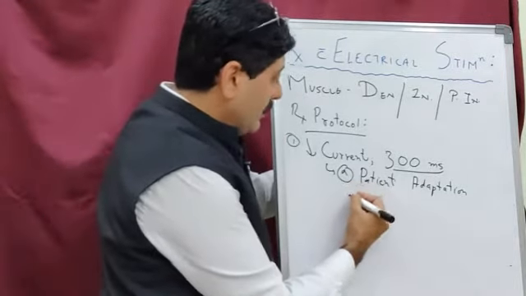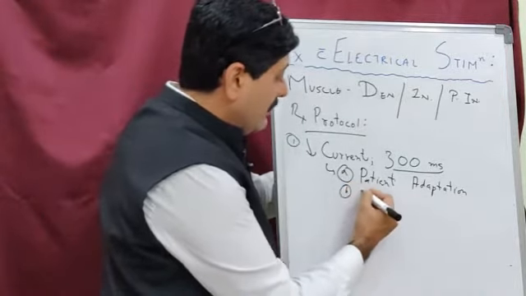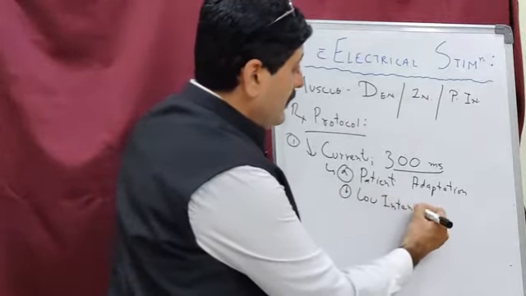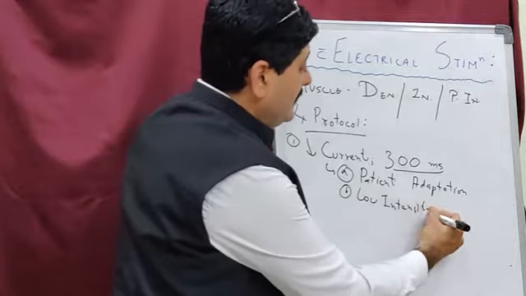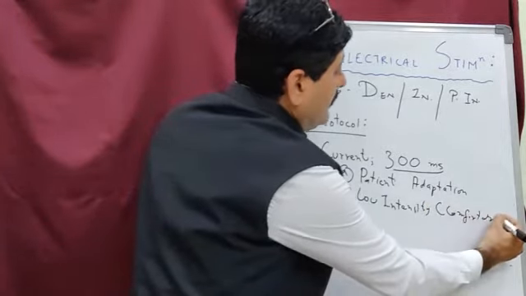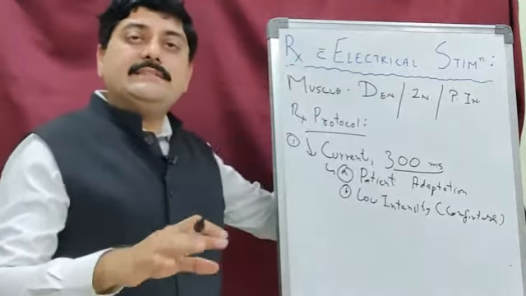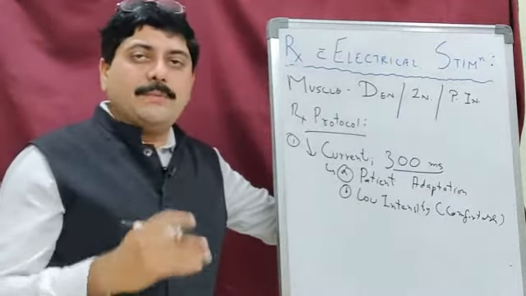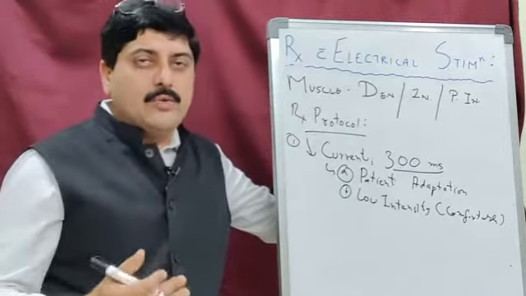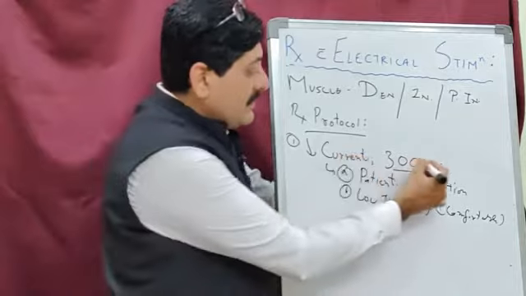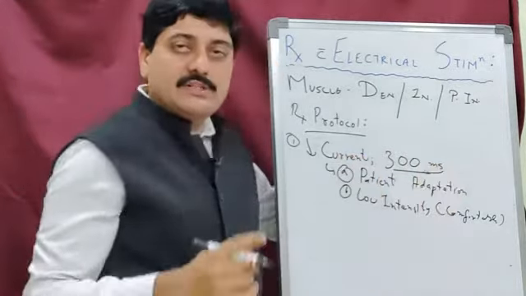Now second thing over here is we are going to give a low intensity, so that it is comfortable, right? The lower the intensity, it is more comfortable for the patient to tolerate, so the patient's resistance will get lower in this.